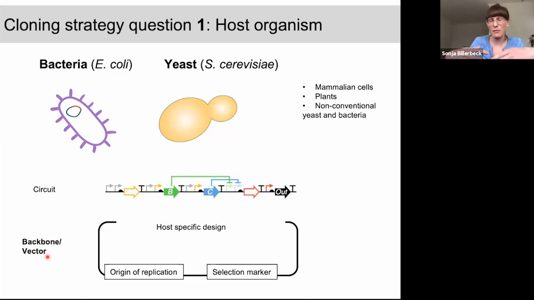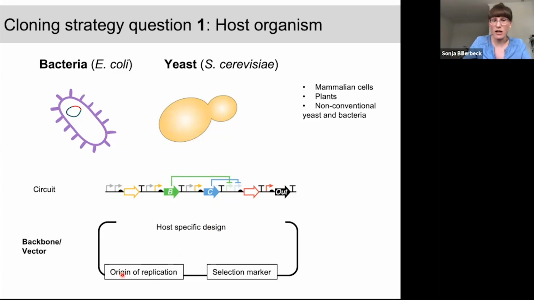That's maybe obvious, but you also need to know where you get backbones from. So how do you actually start implementing that? The genes, we said, you can extract from the database or get from a company, but where do you get your backbone, a vector, from? Because those are the ones that actually make your circuits replicable in your chassis.